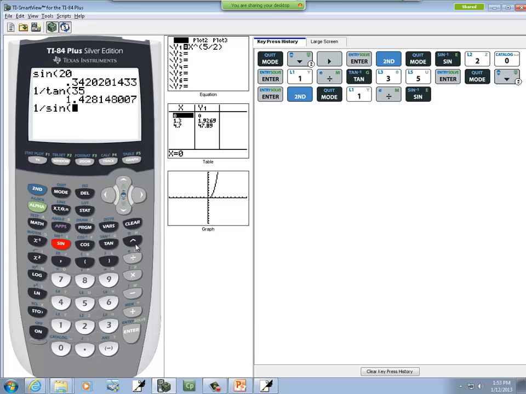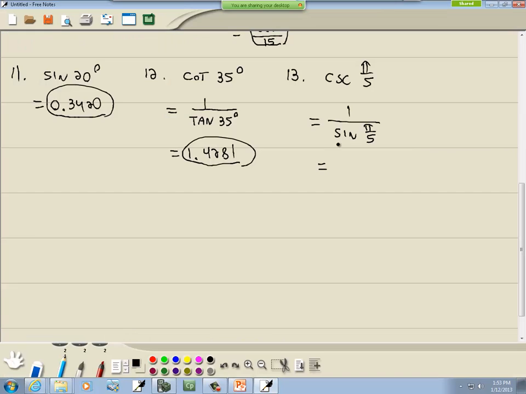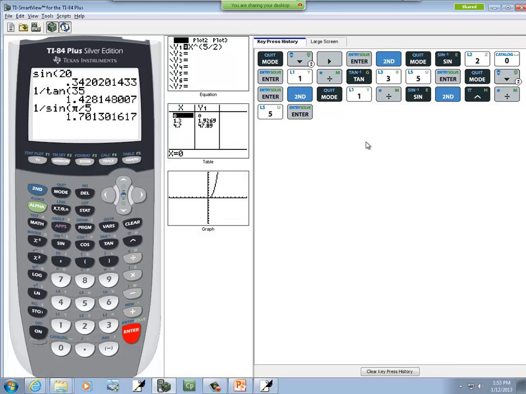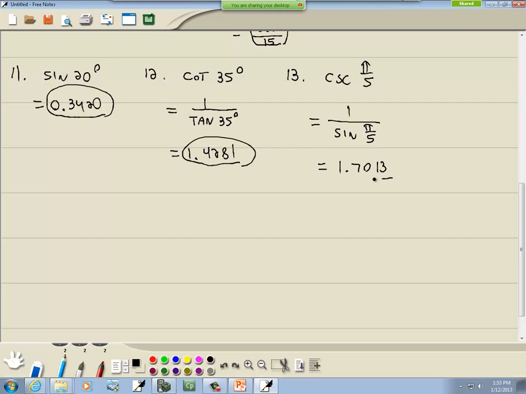Pi is above your caret here, so you do second caret, and then divided by 5. And enter. And that gives us 1.7013. And that's our answer.